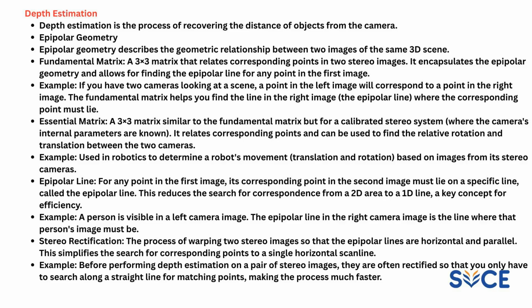This means we can recover the rotation and translation between them, right? In robotics, this is gold, because a robot with a stereo camera can figure out: did I move forward? Did I rotate left? All from analyzing the essential matrix. So this is something for the next step of technology improvement.